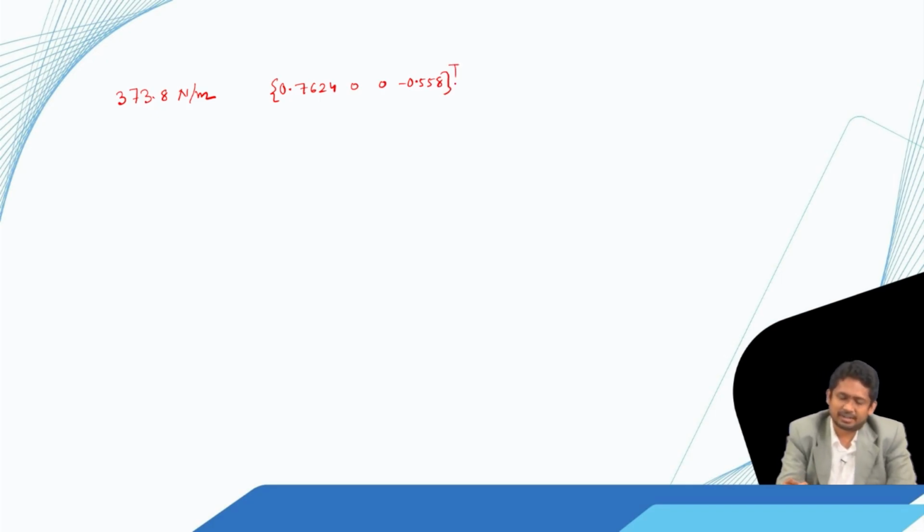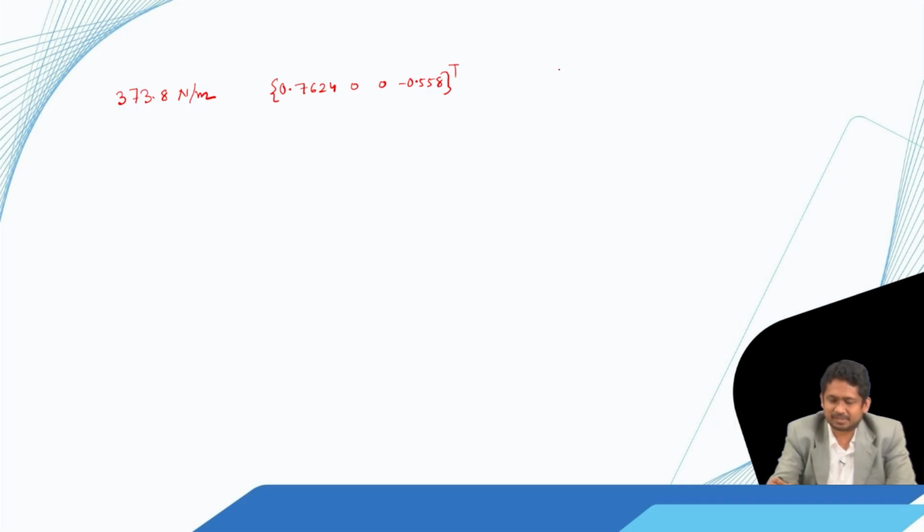The first n bar that we get is 373.8 Newton per meter, and the corresponding eigenvector is 0.7624, 0, 0, minus 0.0558. So, this is the eigenvector corresponding to the first eigenvalue.